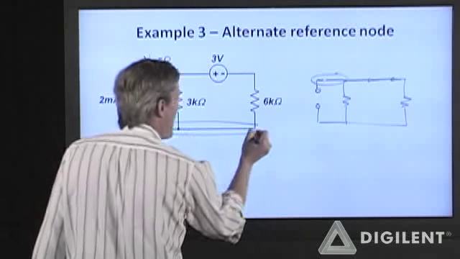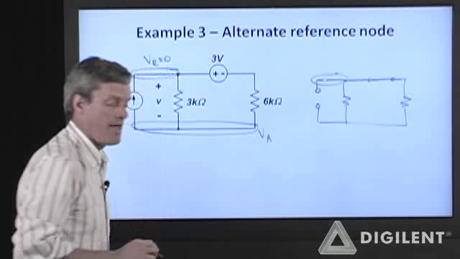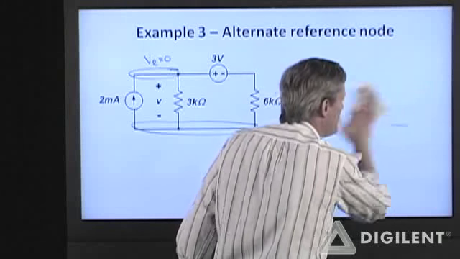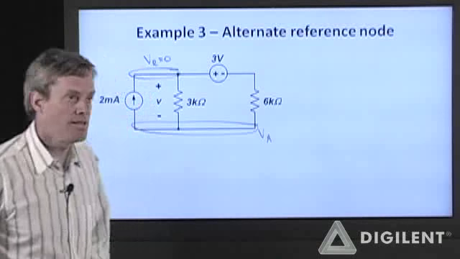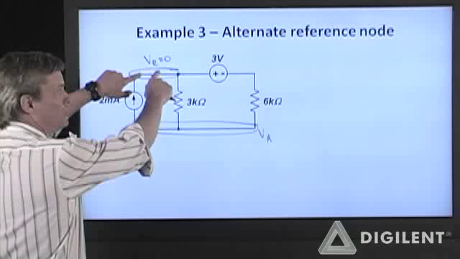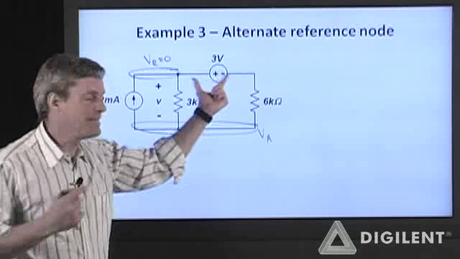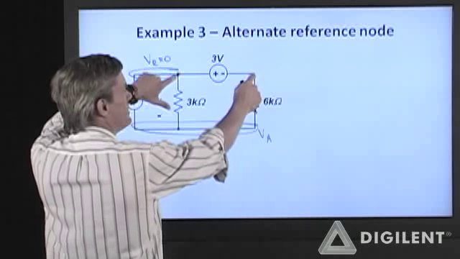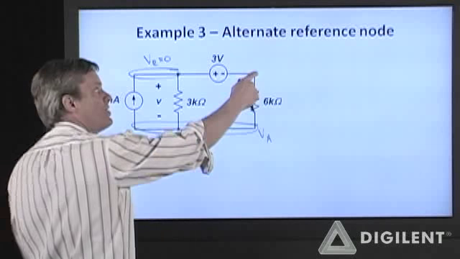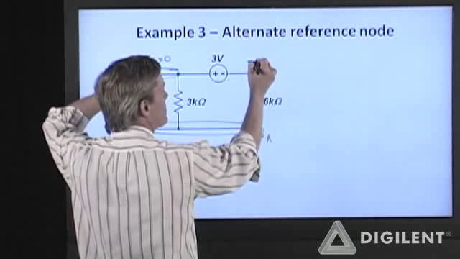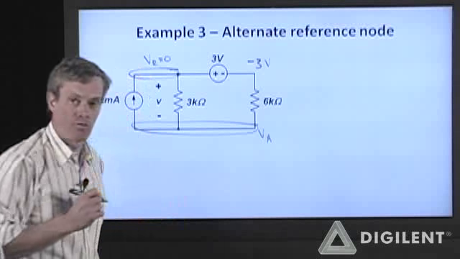Let me call that voltage V sub A. Now I'm going to put my sources back in and label any dependent voltages. If this voltage is 0, the voltage source here is constraining the difference in the voltages between this node and this node. So this node is 3 volts lower than this node. 0 minus 3 is negative 3 volts.